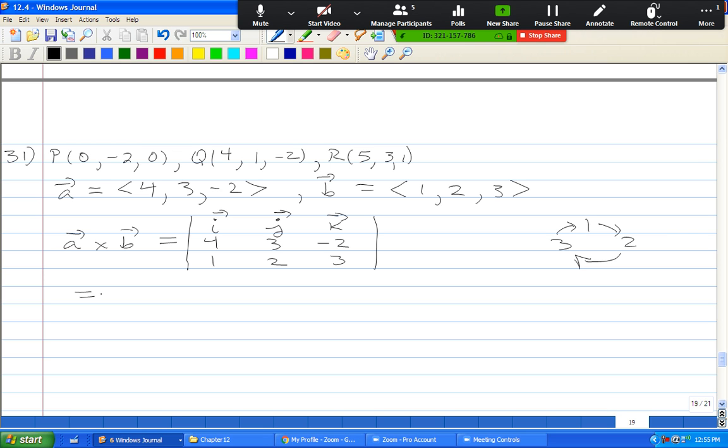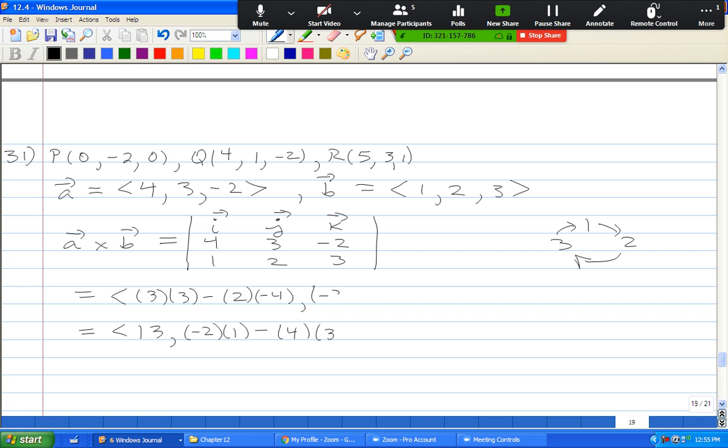So this is equal to. Okay, so I'll do 2, 3. So 2, 3. So 9 minus a negative 4, 13. And then do 3, 1. Negative 2. Minus 12.